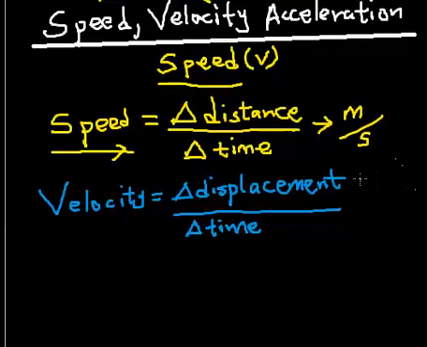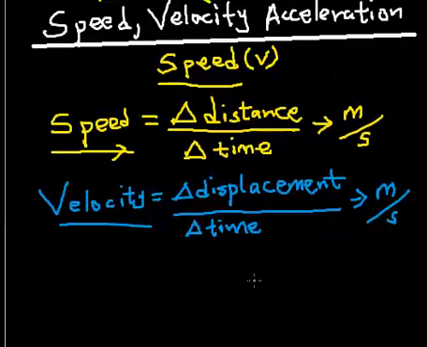And of course, displacement, if we go by SI unit, is still in meters and time is still in seconds. So you discover that both velocity and speed have the same SI unit, which is meter per second.